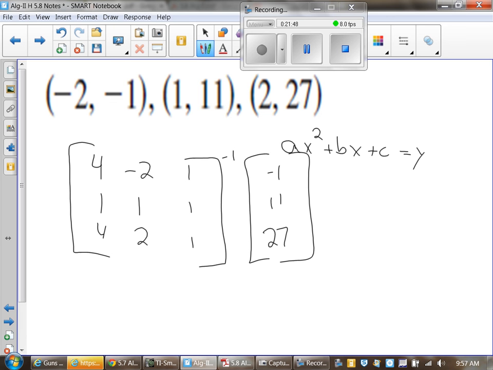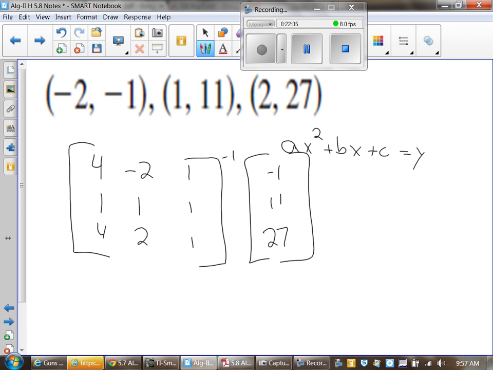So the first one is just x squared. Think about what you're doing here. You're taking your x squared times a, x times b, plus c. So you're just filling in the blanks as you go through.